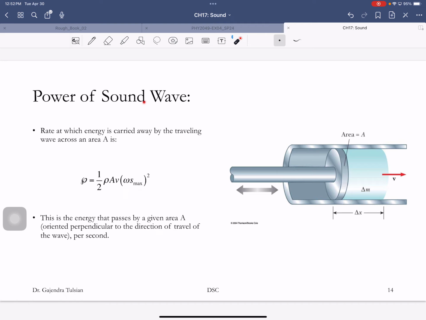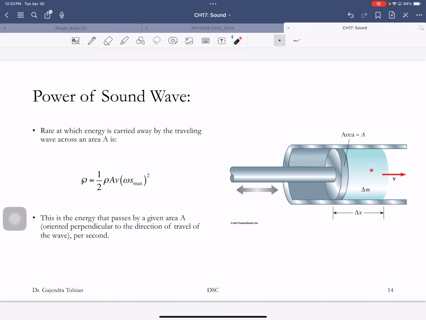All right, so here's the piston that's pumping energy, and the sound wave is carrying away the energy. Let's say you're standing there and you want to ask how much energy is passing you per second. The more energy that's passing you per second, the louder the sound. So the power is 1/2 rho A v omega squared S squared.